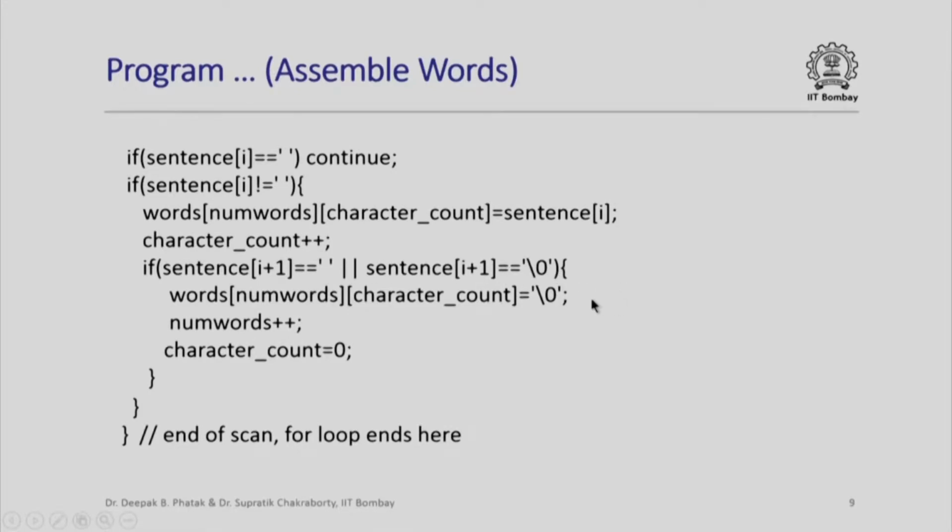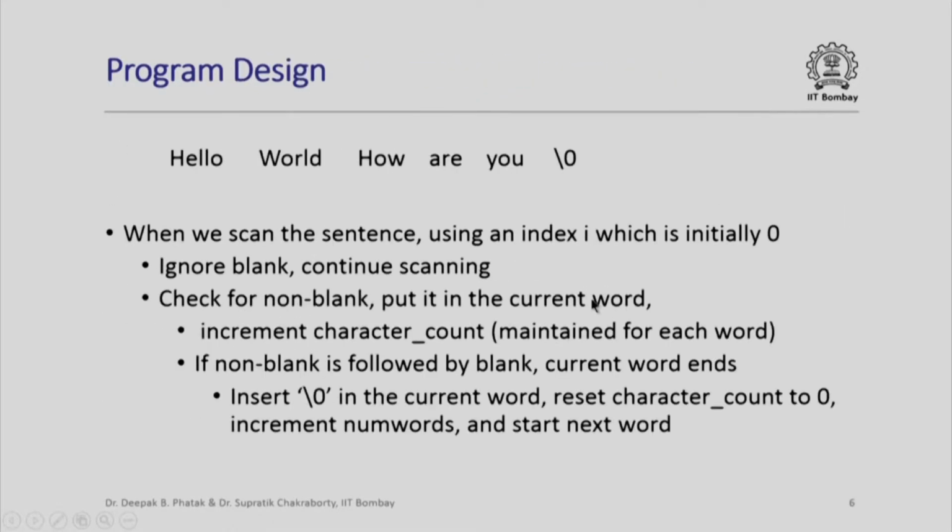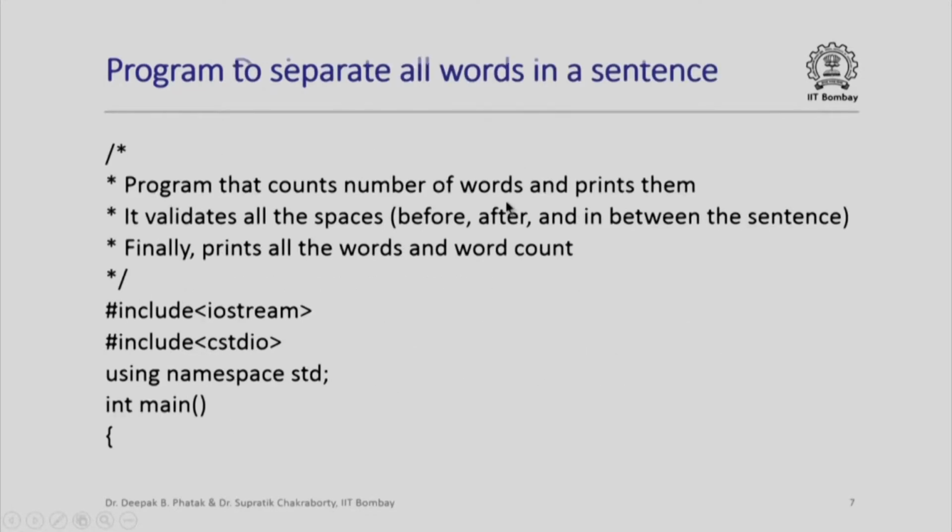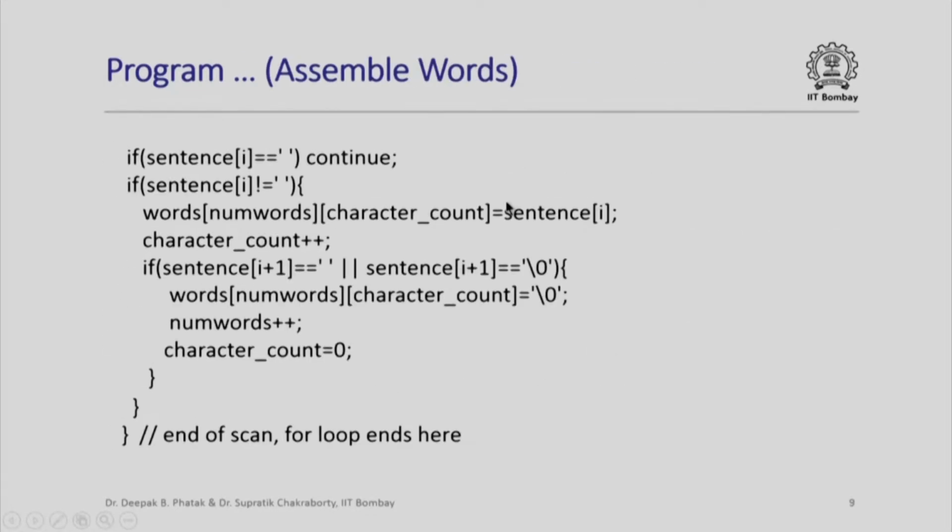Let us go back to the previous slide and examine what we mean. Please note that if this was the non-blank character which I was just inserting in the current scan, the next character is a blank. Similarly, the next character here is a blank. Whenever that happens, my current word has ended, and that is why, if the i plus 1th element of sentence is a blank or a \0, I terminate the present word, which means in the current position, which is the character count position, I insert a \0.